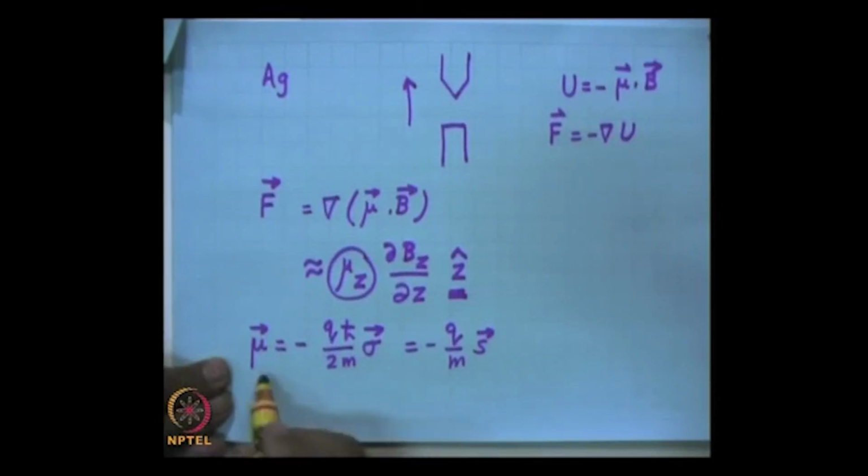So, this is the magnetic moment. The z component of this will be equal to minus q by m S z. So, the force that is acting on the silver atom will be proportional to the z component of the magnetic moment, or will be proportional to S z.